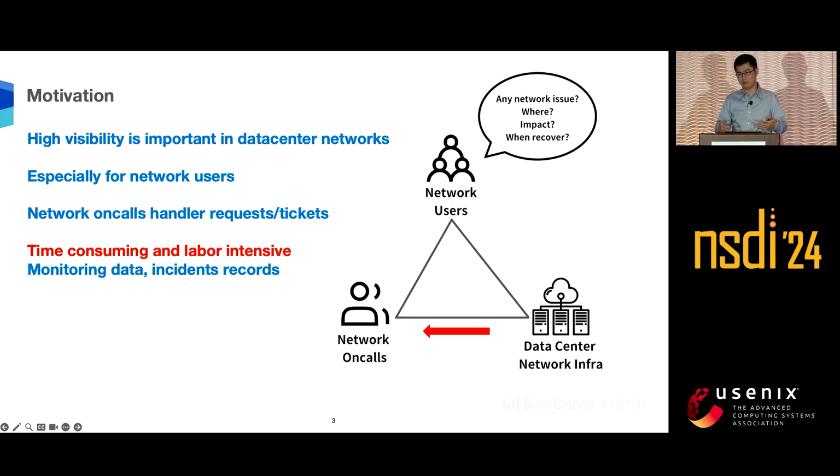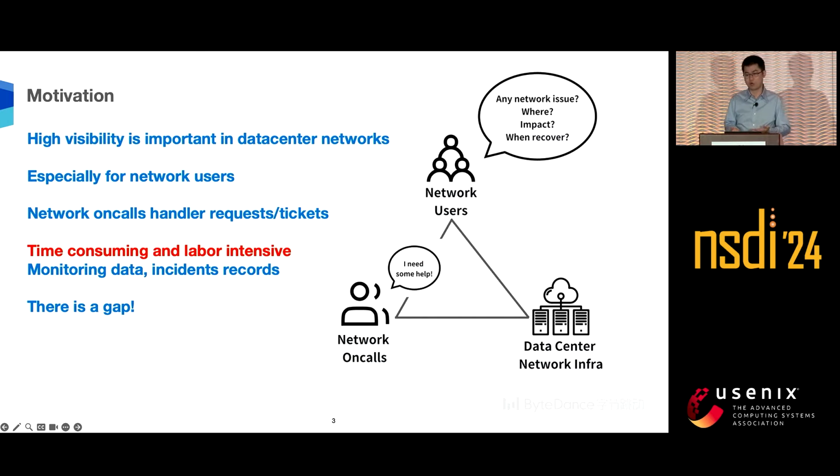Those small incidents may not directly impact users, but they happen, for example, randomly dropping a packet. So the on-call people really have a heavy workload and are under pressure. They really need some help from the R&D team. So we believe there's a gap, and we would like to bridge the gap and help these network on-call people.